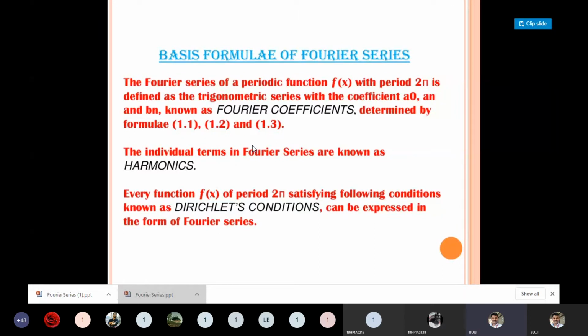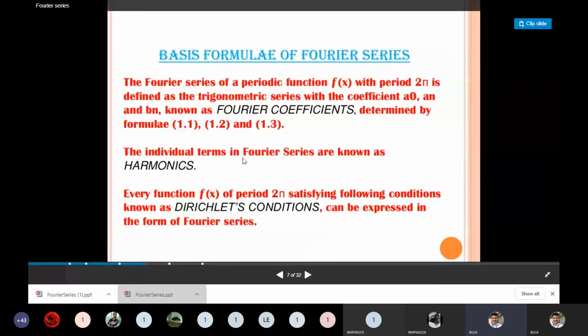The term harmonics was already explained: the fundamental harmonic, fundamental period, second harmonic, third harmonic, fourth harmonic, like that. Some sine waves were explained in the last class.